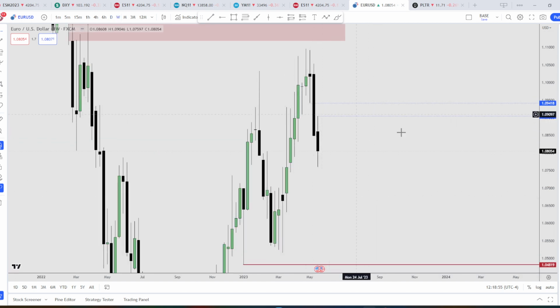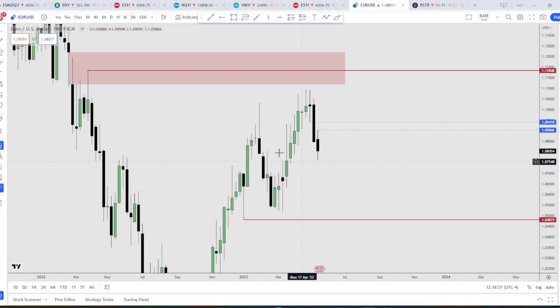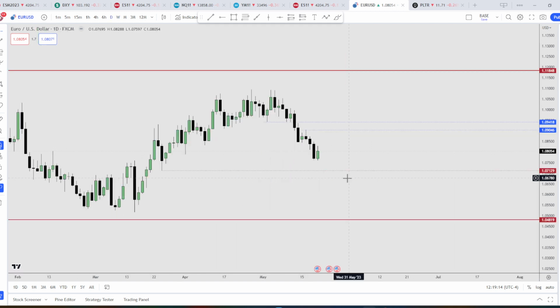And from here I want to see if price is going to run lower to attack the sell stops right below here. Right, we have lots of volume imbalances on the way down as well, so let's see if we can get those targets met.